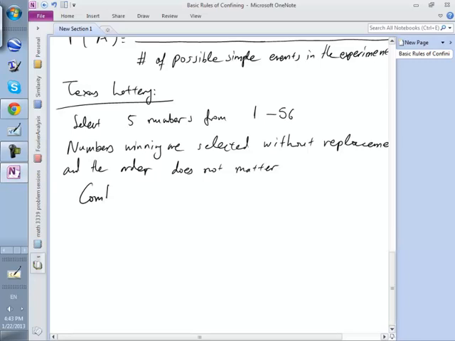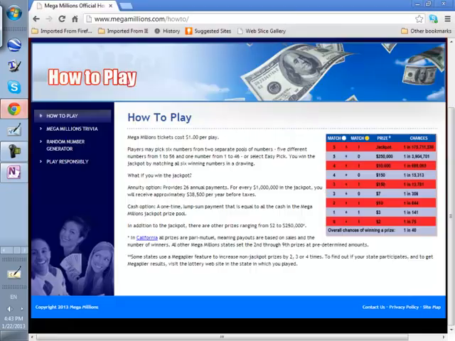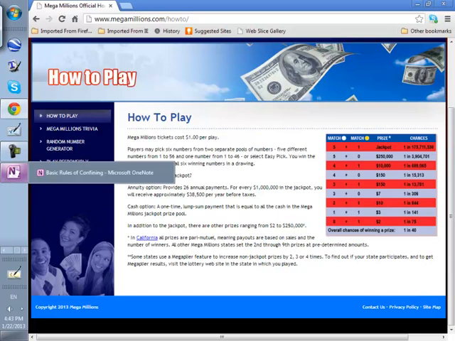That portion is combinations: 56 choose 5. Now the lottery has a second part, which is called the Powerball. That number is from 1 to 46.